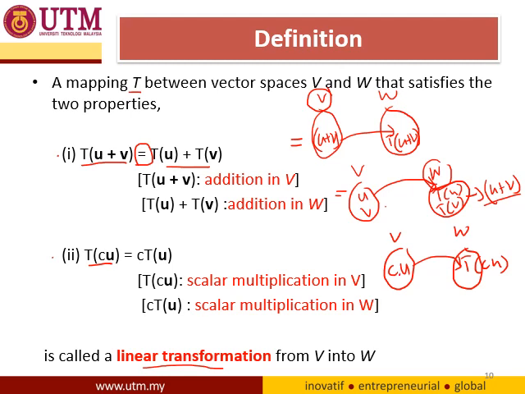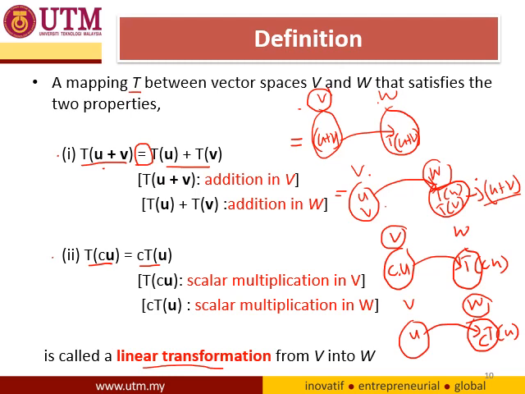But for the second one, you have your U, you transform first, then you multiply. Okay, so it happens on W. In the first one, the multiplication happens on V, same as your addition. The addition for the first one happens on V, and then you transform the sum. But for the second one, you transform first, and the addition comes after the transformation.